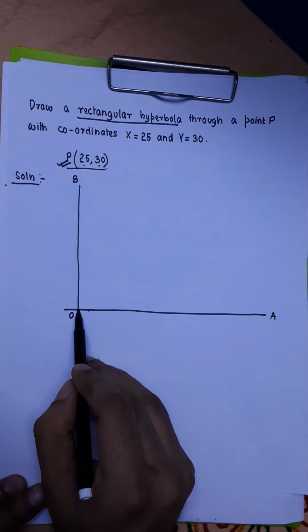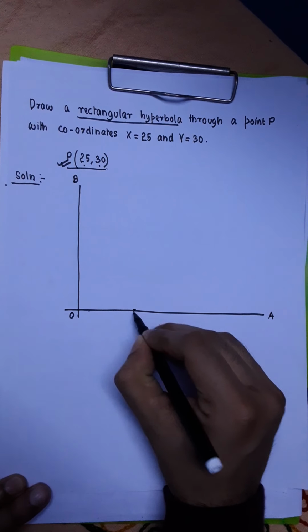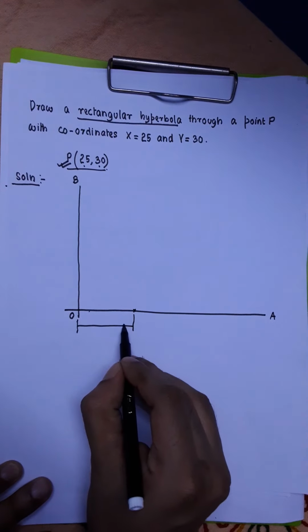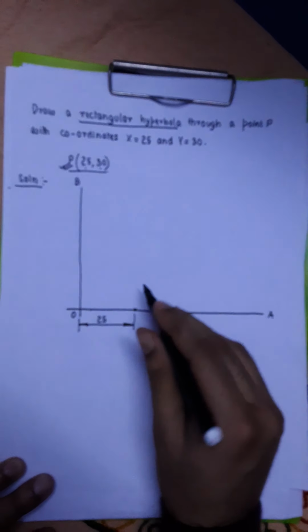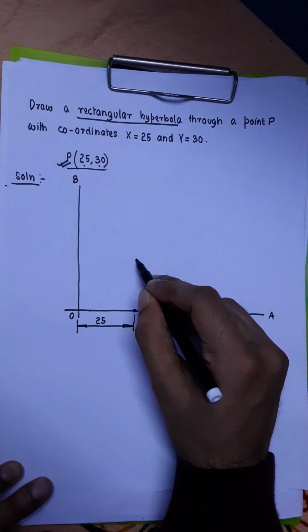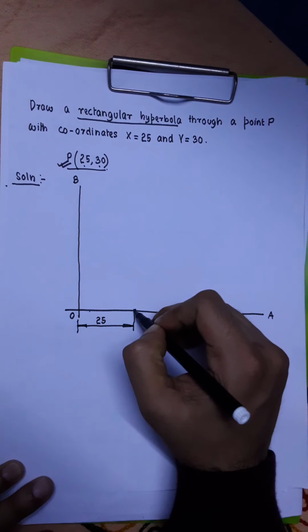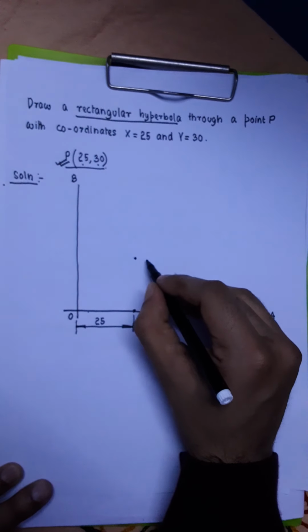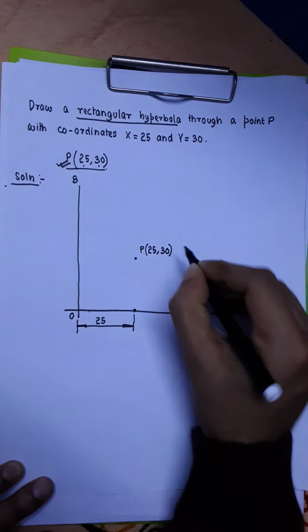From the point O, move along the x-axis by a distance of 25 millimeter, and from this point move vertically upward, in a direction parallel to the positive y-axis, by a distance of 30 millimeter to locate the point P. So this point is P whose x coordinate is 25, y coordinate is 30.